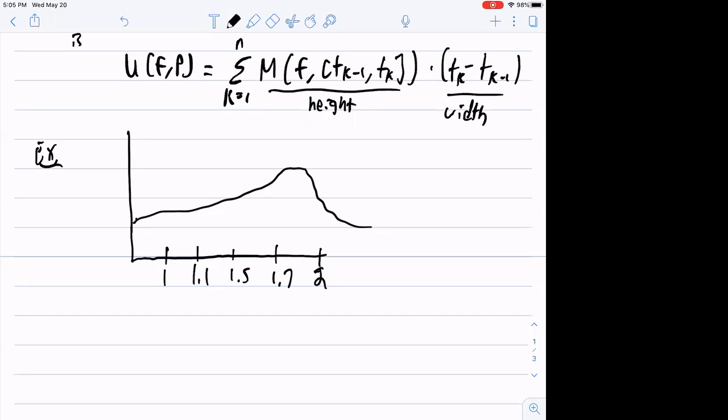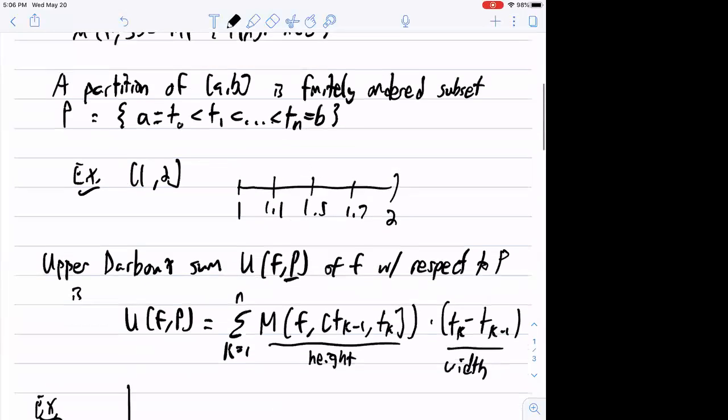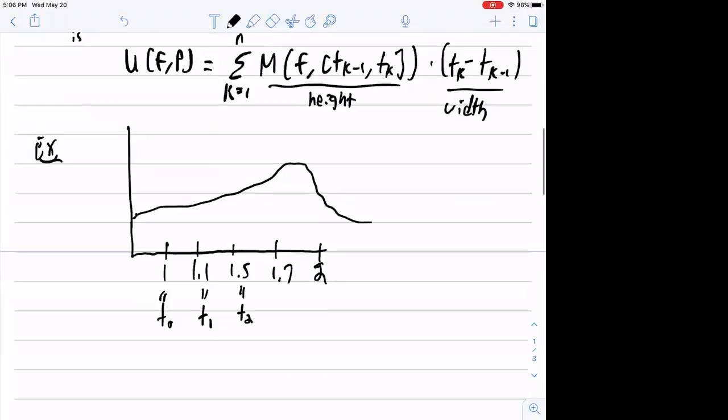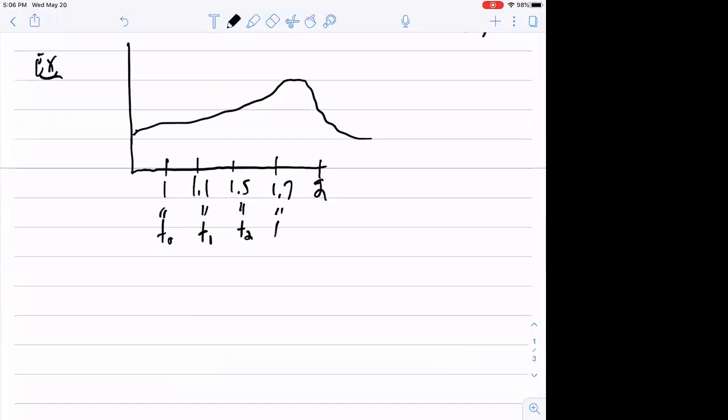I'll label the points t0, t1, t2. They start at t0, sorry. And then this is t3 and this is t4.